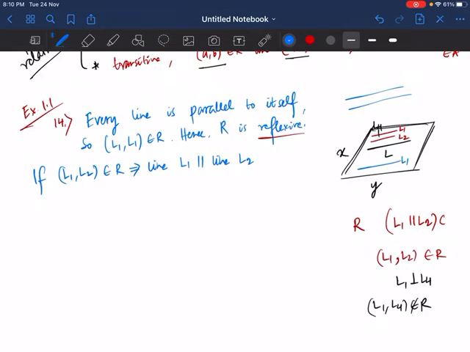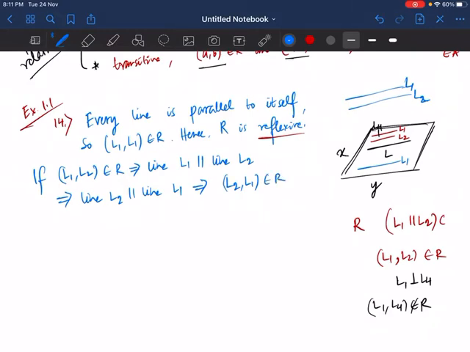Now if L1 is parallel to L2, we can directly say that L2 is also parallel to L1. It's the same thing: vice versa, L2 is parallel to L1. Likewise, we can write (L2, L1) is an element of R.